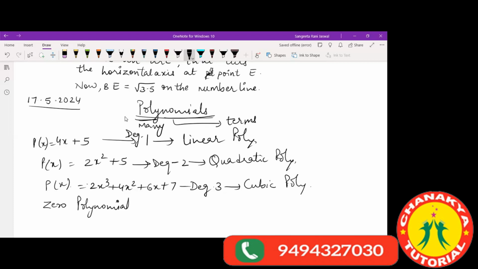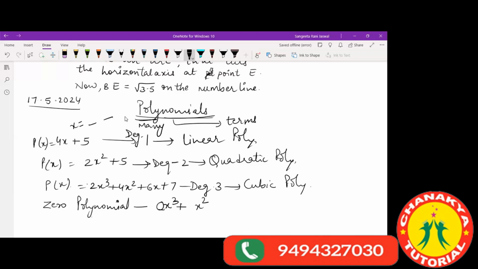Don't confuse zero polynomial with zero of a polynomial. Zero polynomial is different and zero of a polynomial is different. Zero of a polynomial is when we find the values of x. So that is the zero of a polynomial. Zero polynomial is when, suppose we have the coefficients here, all the coefficients of the x variables are 0.